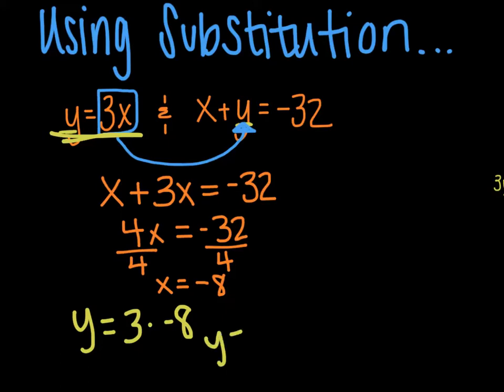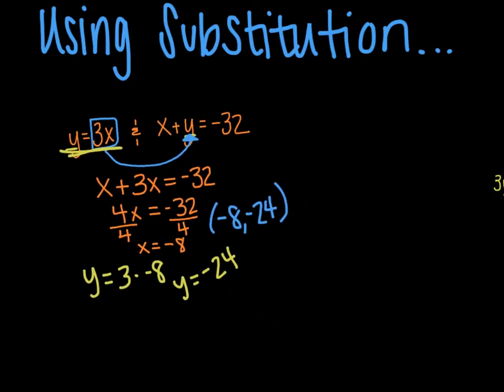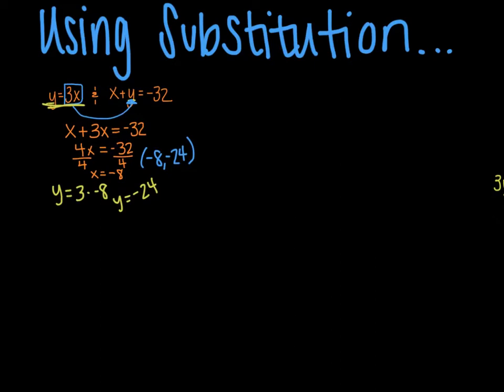So y equals negative 24. And what that means is that your answer in xy form, coordinate points, is negative 8, negative 24. That is the point, if you were to graph these, where they cross, where they intersect. And so that is how you solve.